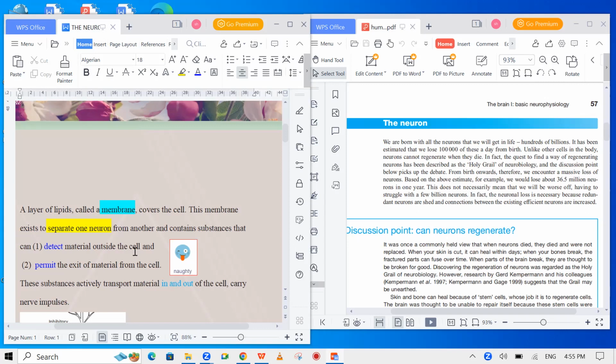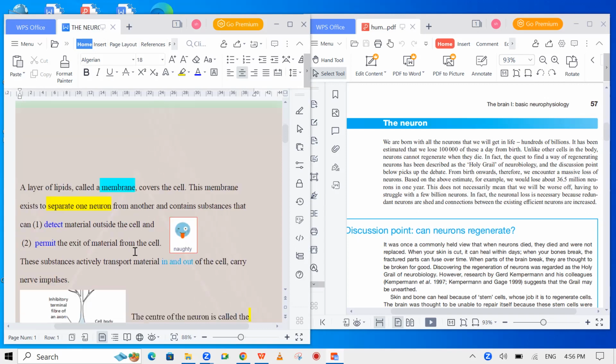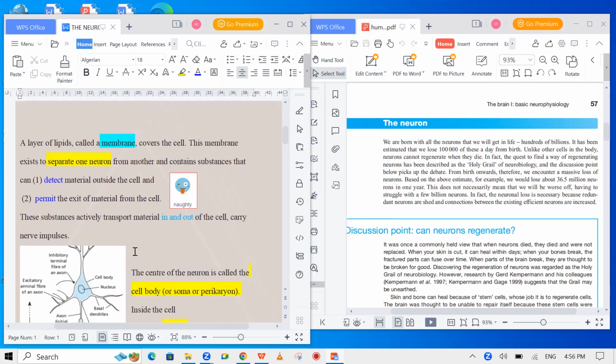The basic concept of the membrane is that it decides which material should come in and which material should go out. Without the permission of the membrane, nothing can come in and nothing can go out. The substances actively transport material in and out of the cell, and they carry the nerve impulse.